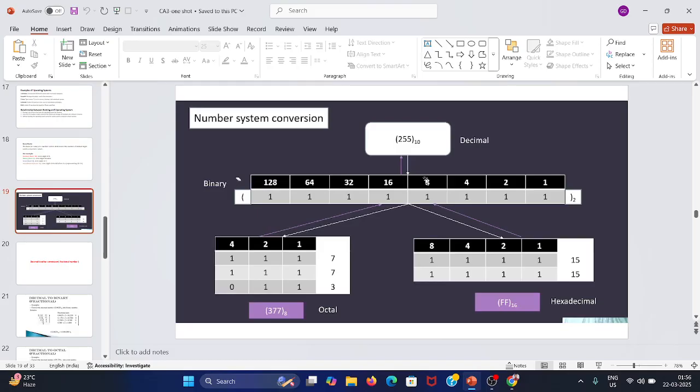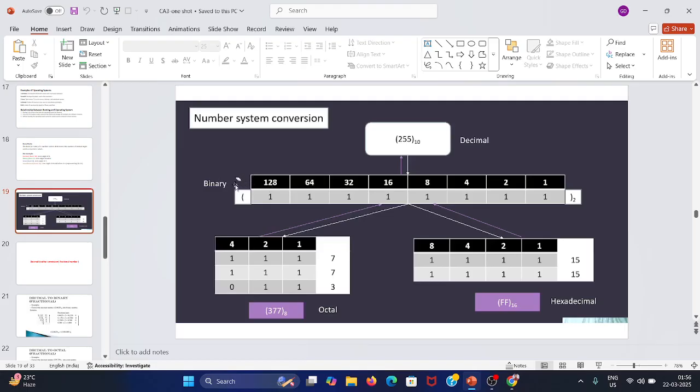See the black portion. Okay, here what is the largest element which is near to 255? Which is 128, because if we go to 2 to the power 8 the value will become 256. I think it will be 256 because it is multiplied by 2. And why are we writing 1 under that? Let me tell you.